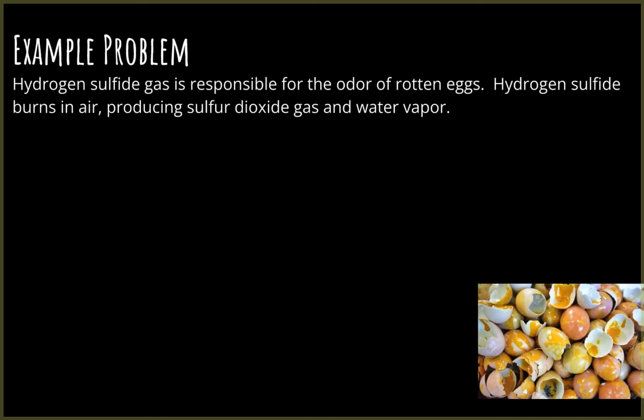Okay, example number 4. Hydrogen sulfide gas is responsible for the odor of rotten eggs. Hydrogen sulfide burns in air, producing sulfur dioxide gas and water vapor. Okay, so this one says I'm starting with hydrogen sulfide. So hydrogen's a +1, sulfur's a -2, so that's going to be H2S, and it's a gas.